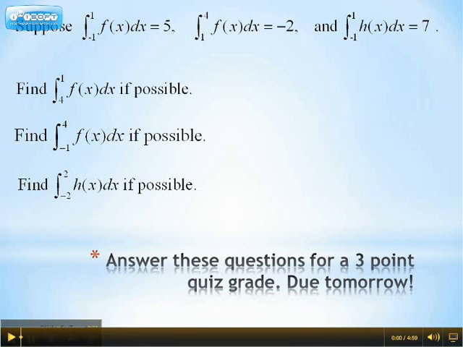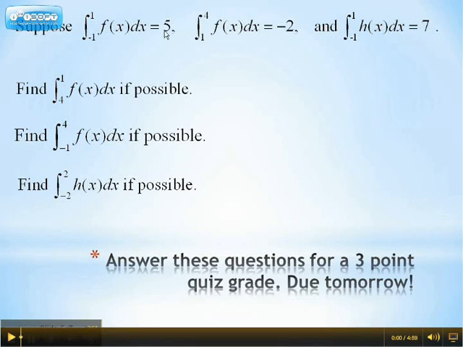So you have these 3 problems to do using your properties, and you know this information up above. The integral from -1 to 1 of f of x is 5. The integral from 1 to 4 of f of x is -2. And the integral from -1 to 1 of h of x is 7.